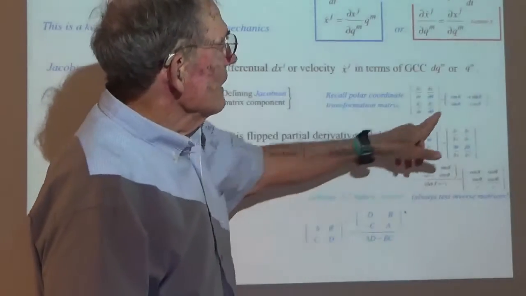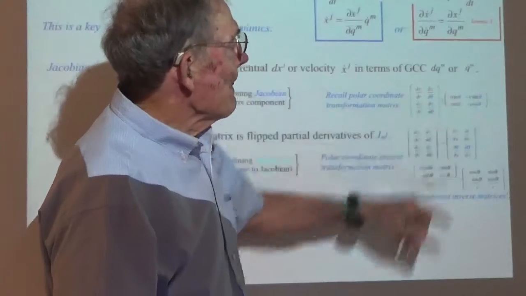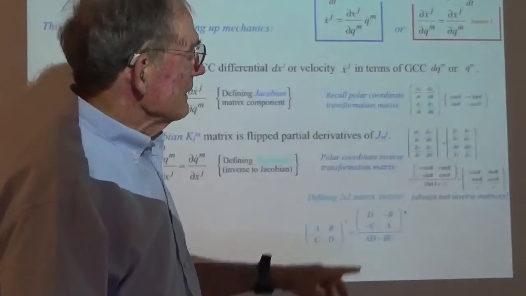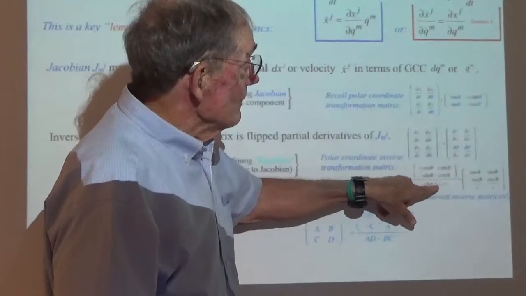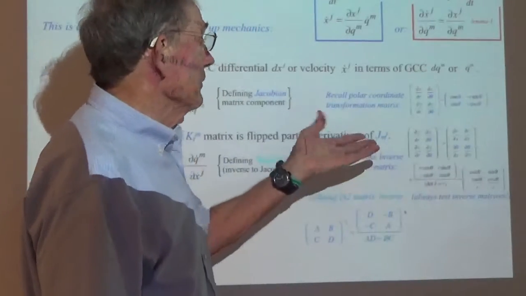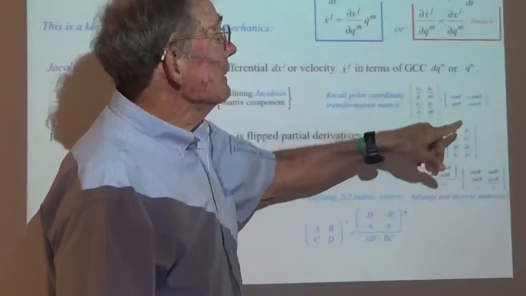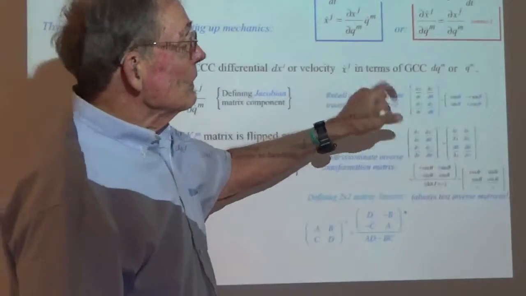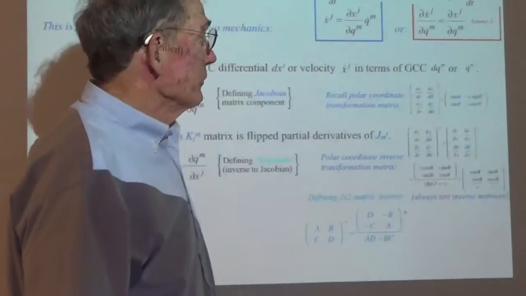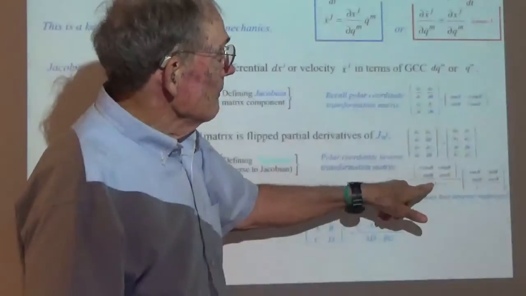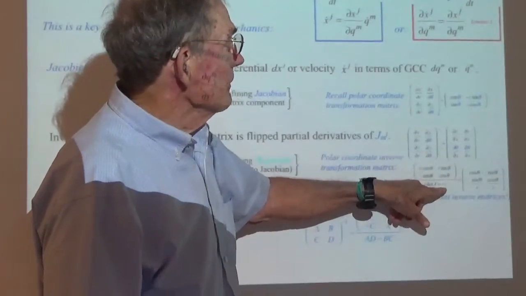In any case, we've got this matrix right here, and so what we need to do to get it is go ahead and stick the determinant down here. Now the determinant is very easy to see. Instead of being a nice 1 that it would have been for a rotation, it's got an R that's been added to one column. So the determinant of J is R. That's sitting in the denominator.